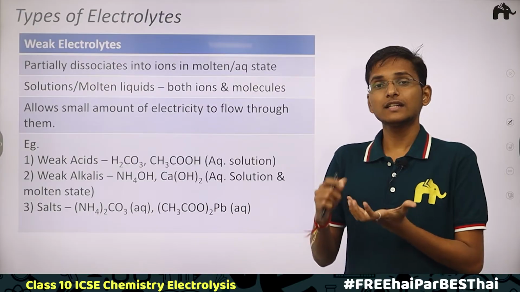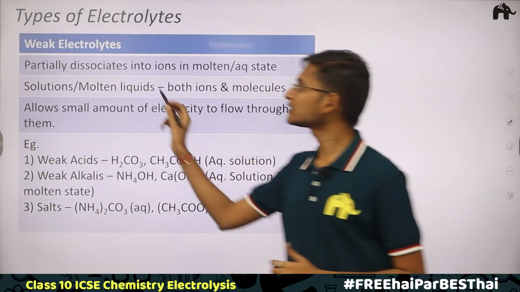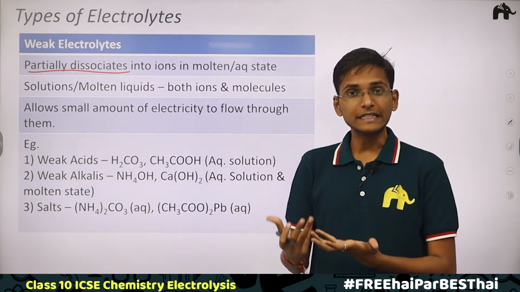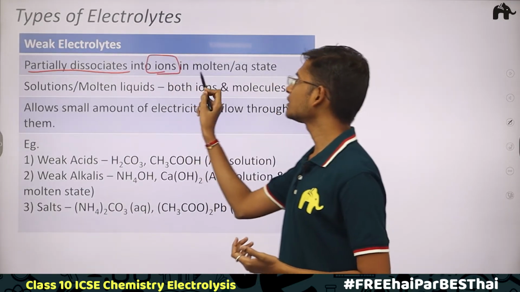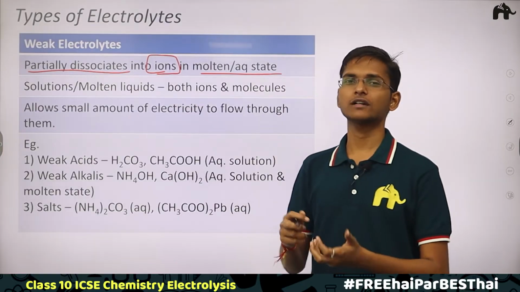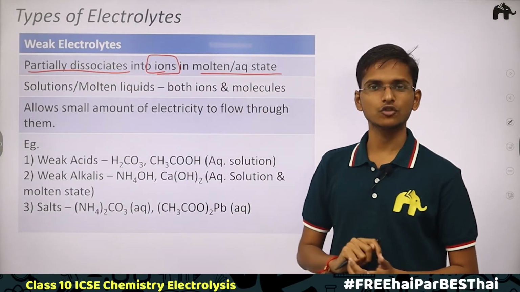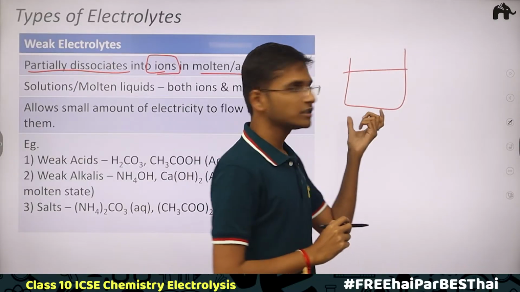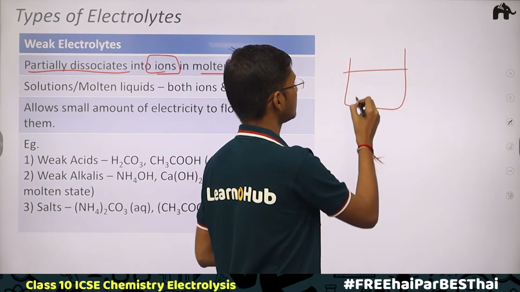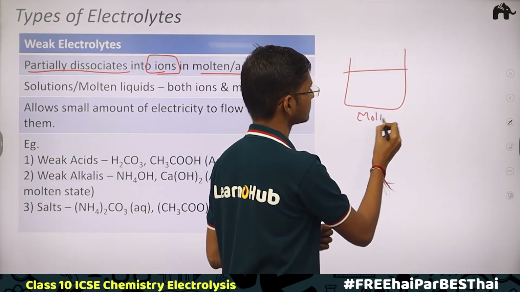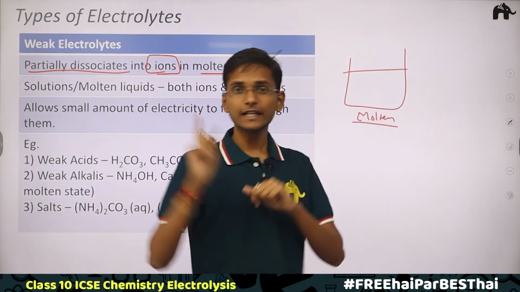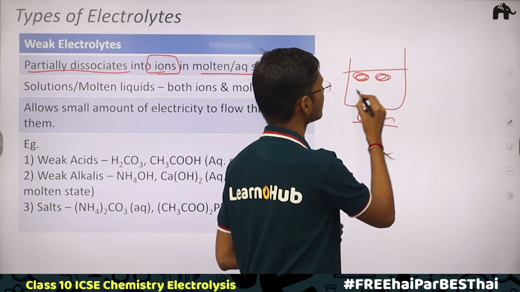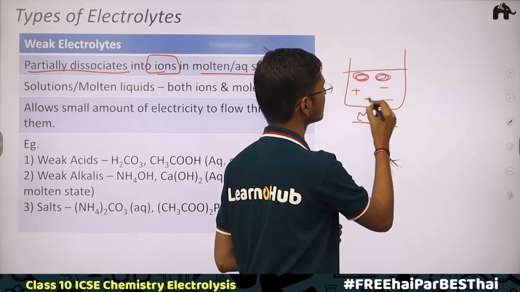So these are the electrolytes which dissociate partially, or we can say dissociate incompletely into ions in molten or aqueous state. Now I hope you would have figured out what this partial dissociation is. This means that when we take a molten weak electrolyte, we would find both molecules as well as ions, right?